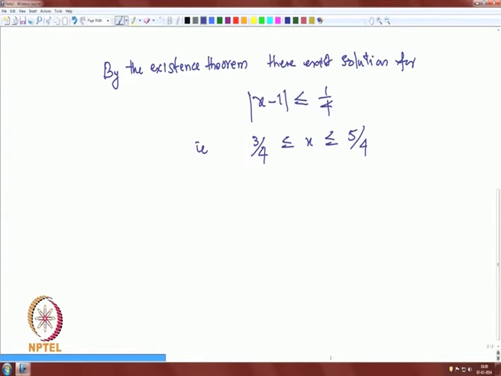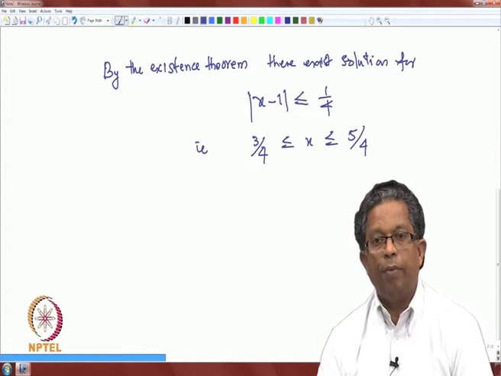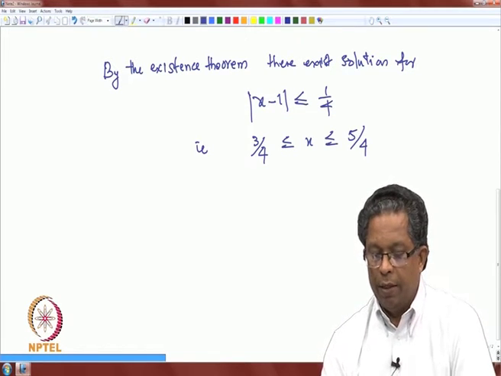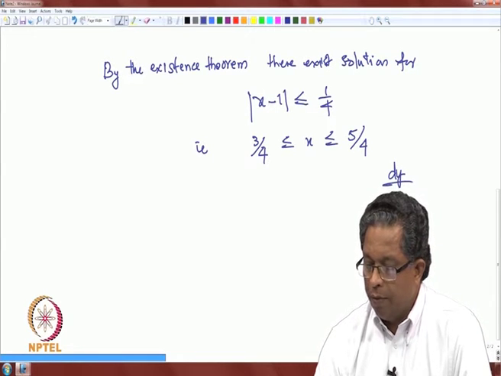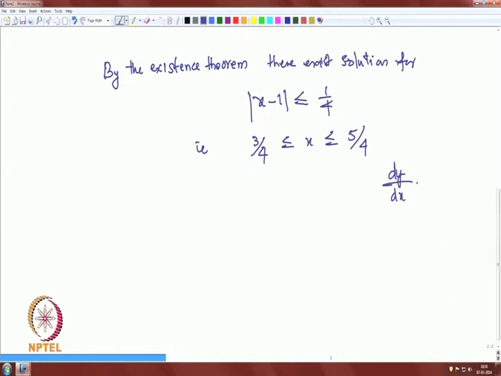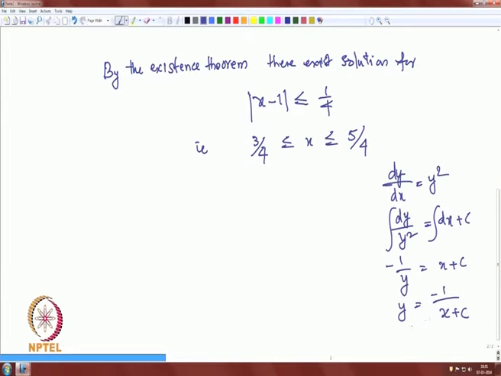But this nonlinear initial value problem we solved by the analytical method. If we solve the equation dy by dx is equal to y square, separating out the variables, dy by y square is equal to dx, and integrating, we get minus 1 by y is equal to x plus c, or y is equal to minus 1 by x plus c.